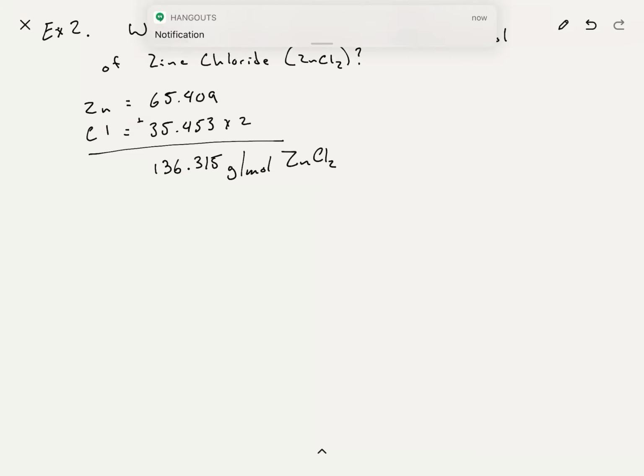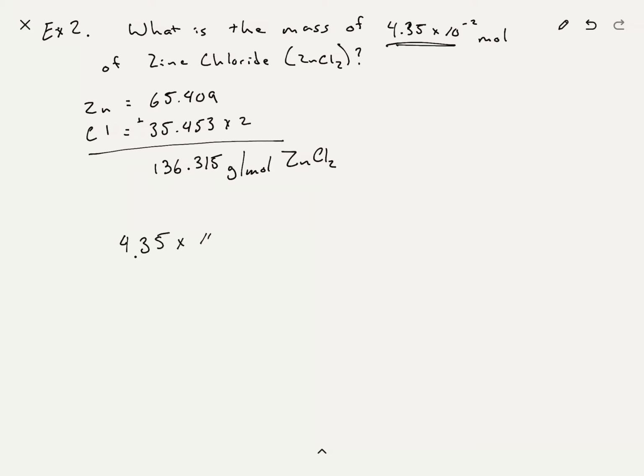Okay, so now we have 4.35 times 10 to the negative second moles. And we need to multiply that by 136.315 grams for every 1 mole.